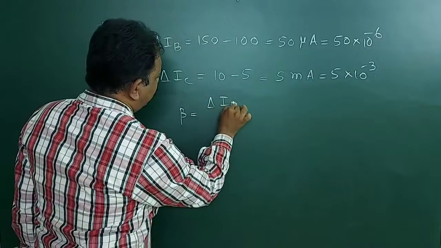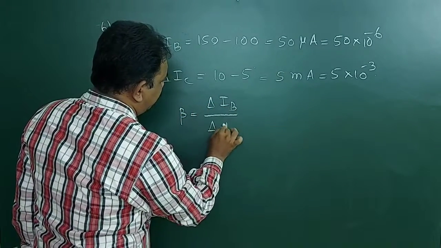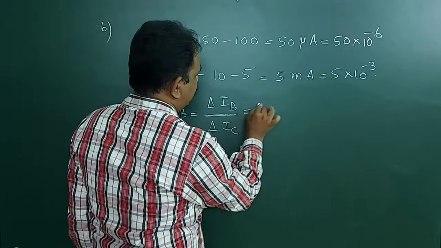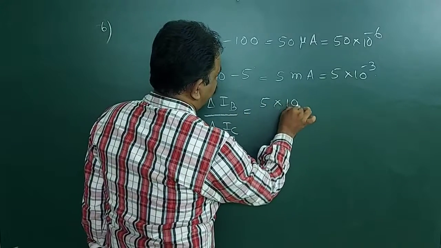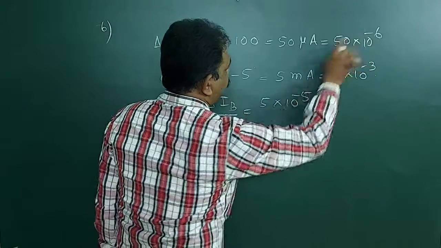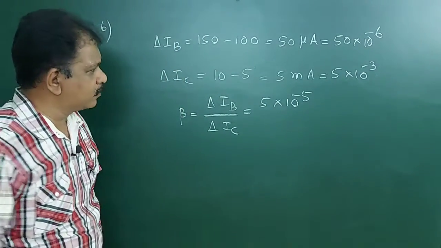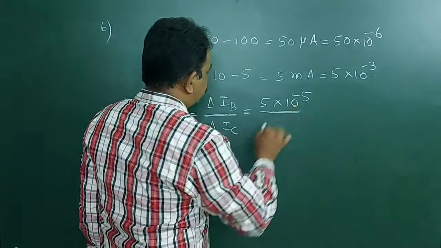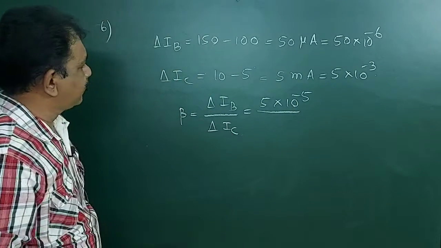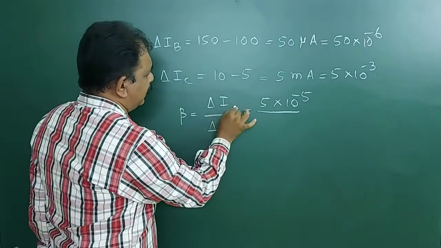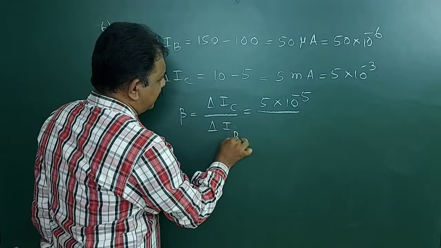We know the formula, delta IC by delta IB.